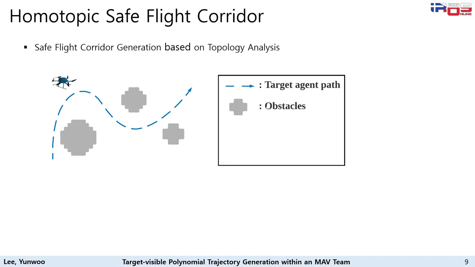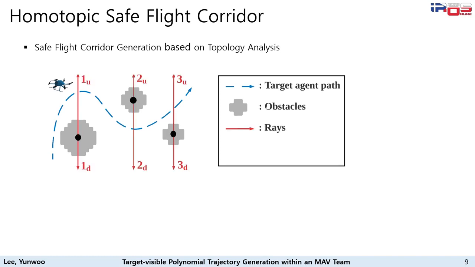From now on, I'm gonna explain how to make the homotopic safe flight corridor. The target agent flies among obstacles, and its path is shared to the camera agent. To acquire topology information, we go through the following process. First, parallel bidirectional rays emanate from all obstacles, and we nominate the upward and downward rays with the obstacle number and subscripts U and D respectively.